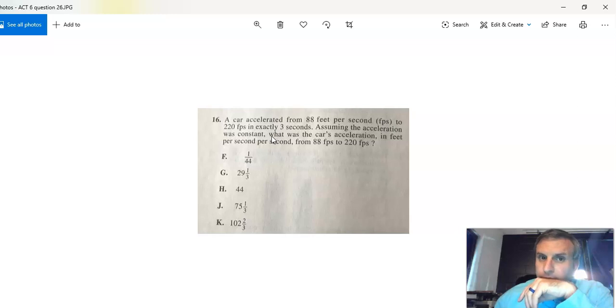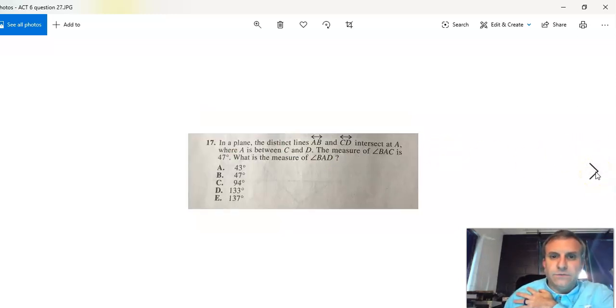Okay, so read the question carefully. Okay, a car accelerated from 88 per second to 220 in 3 seconds. Assuming the acceleration is constant, what is the acceleration in feet per second? All right, you'll subtract this, find the difference.